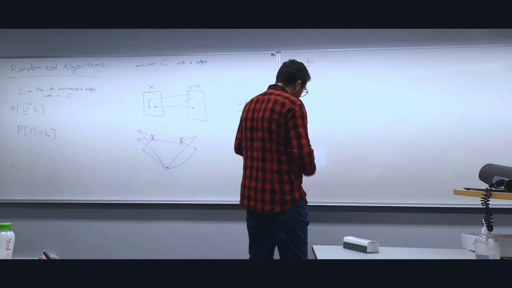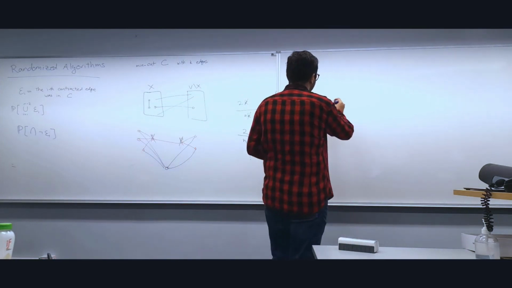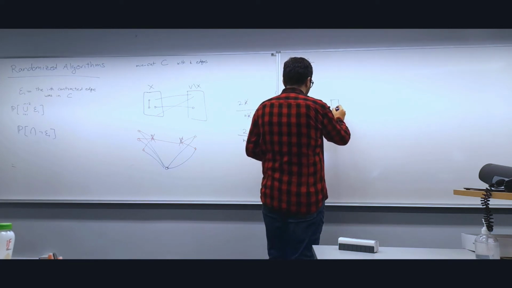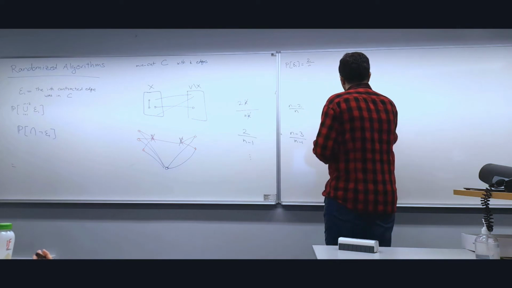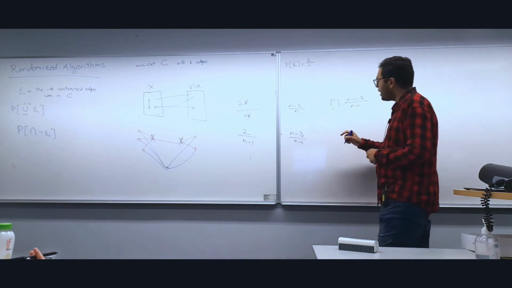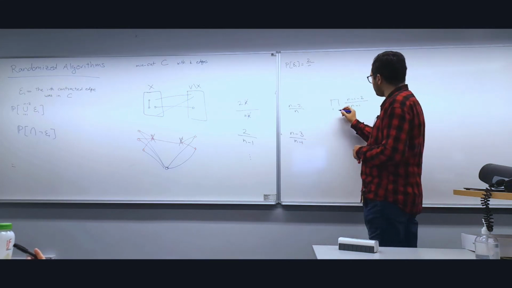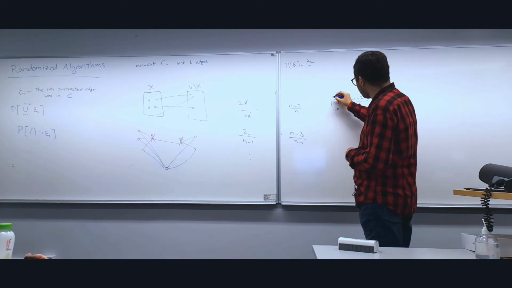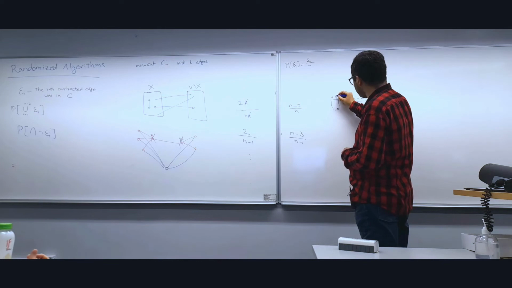And if I take that product, the product is what? It's the product of n minus i minus 2 over n minus i. And i ranges from 0 and can go all the way to n minus 3.